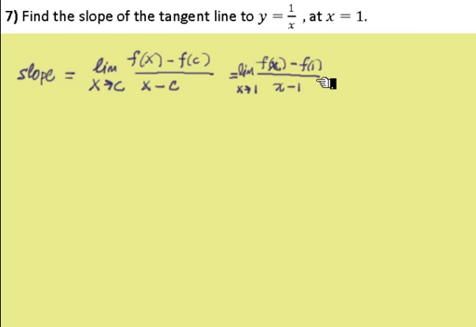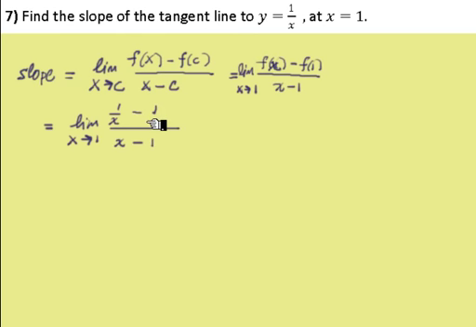Now let's substitute in for f of 1. Just substitute 1 into 1 over x and we get 1. So that's the limit as x goes to 1 of f of x, that's our function, 1 over x, minus f of 1, that's 1, over x minus 1.